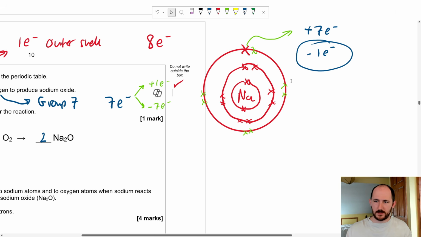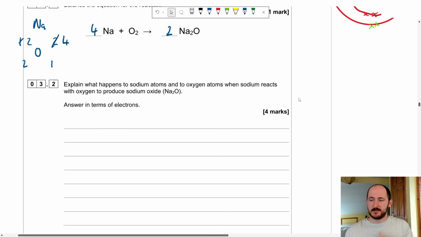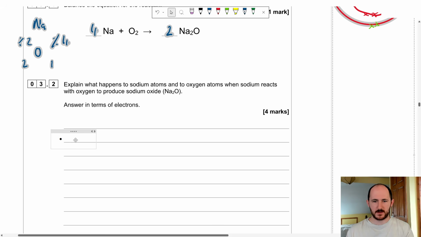Sodium is currently neutral. If it gets rid of a negative charge, it means it's positive, right? You know, we're taking away a negative, so it becomes positive, right? Likewise, electrons. Oxygen is neutral. It's gaining a negative charge, so it's going to be -1. That is, broadly speaking, what happens when sodium and oxygen react to form sodium oxide.